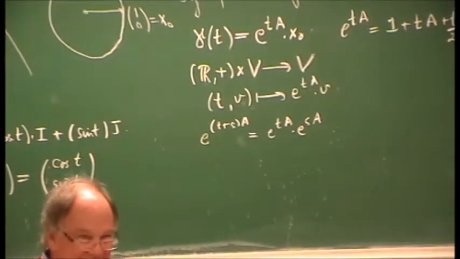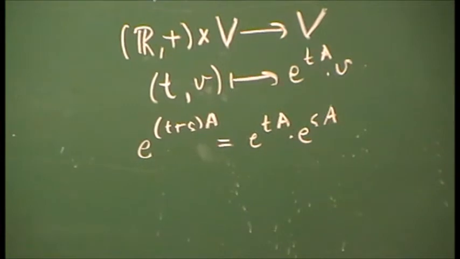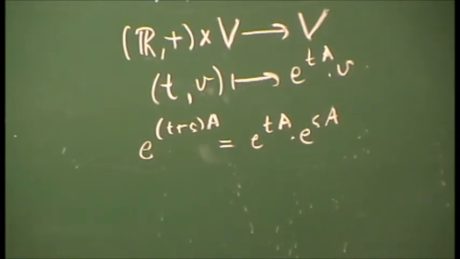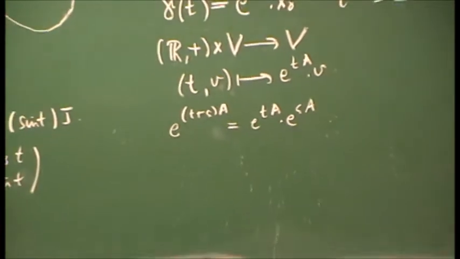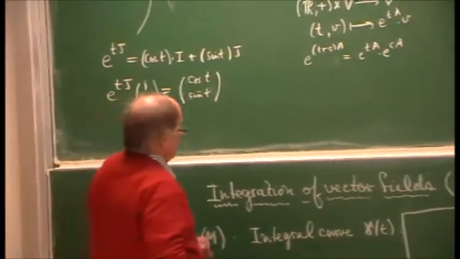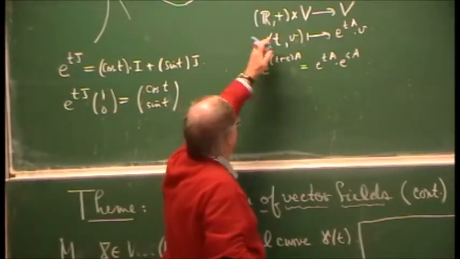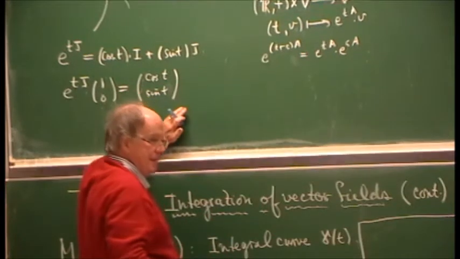This is fundamental. I haven't proved it for you, but you can prove it in the usual way, so it's not very exciting, right? But it is fundamental. This is the group law that's going on in the background here.